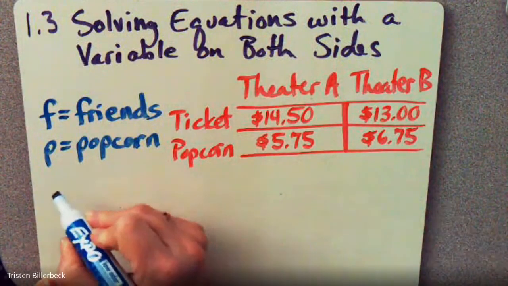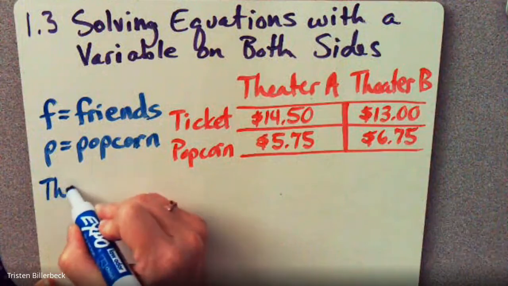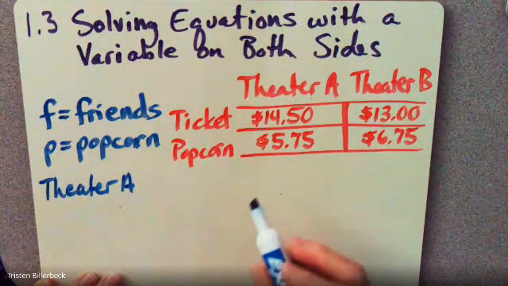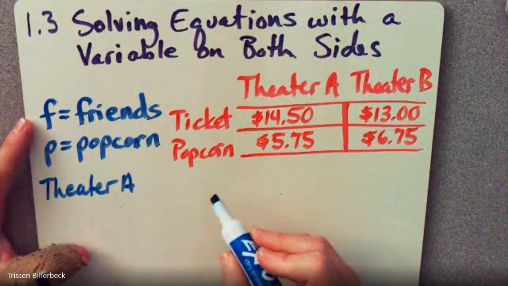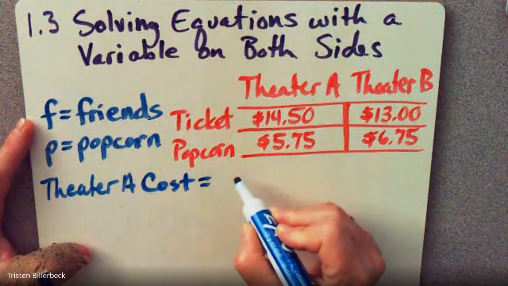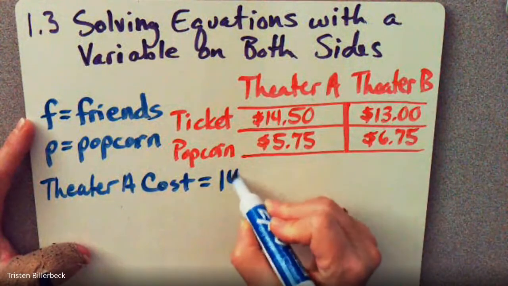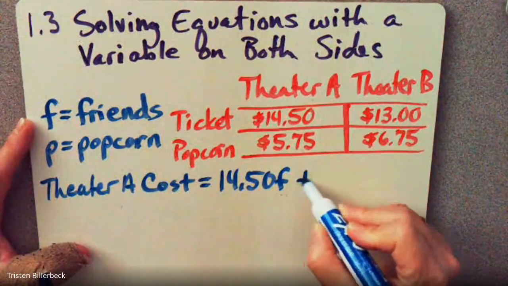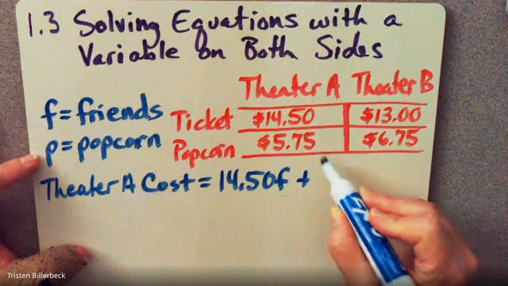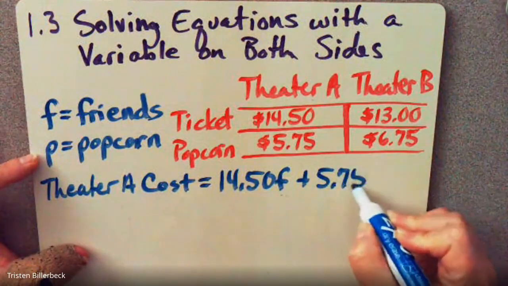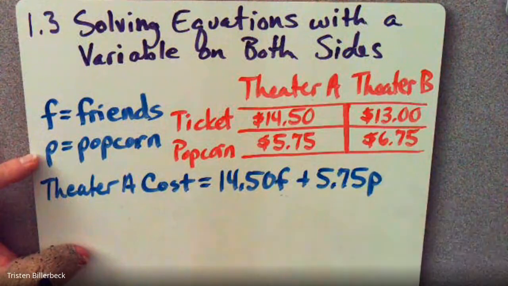For our first theater, theater A, the cost is going to be the ticket price, $14.50, times the number of friends, plus $5.75 times the number of popcorns we buy.